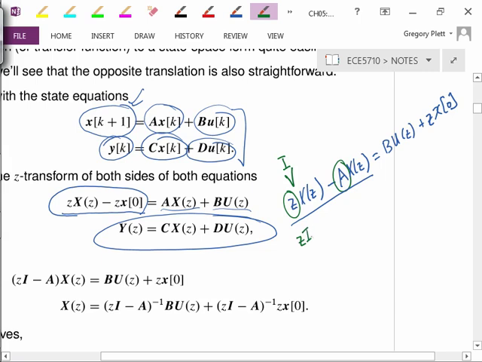But then I have z times I times x of z minus A times x of z equals the right-hand side. And this is a matrix the same size as that, and those I can subtract. So zI minus A then times x of z equals the right-hand side. That is how we got this here.